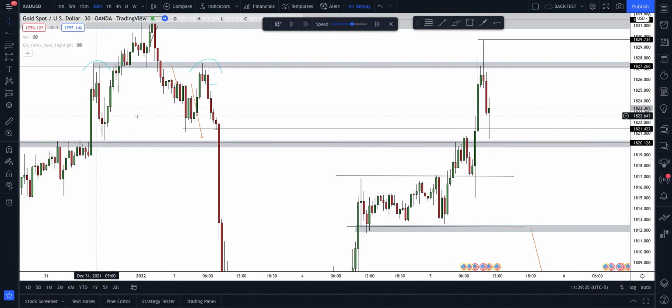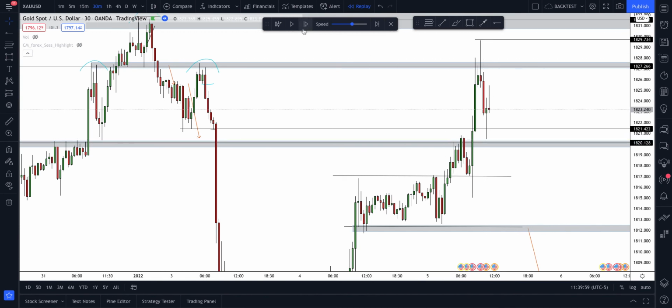Again, price is doing the same thing. Look, break, rejected, then retest. Price broke through the previous zone, closed above here, rejected, came back for a retracement, rejection here as well, right?